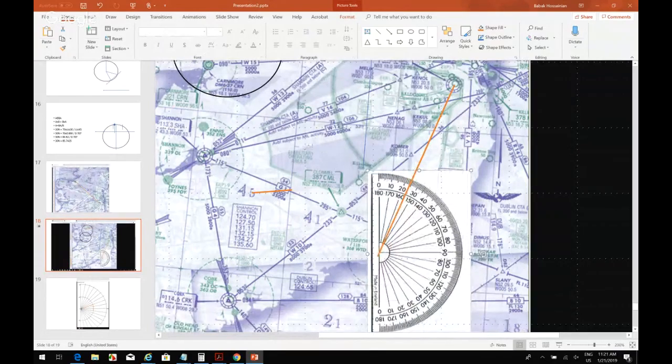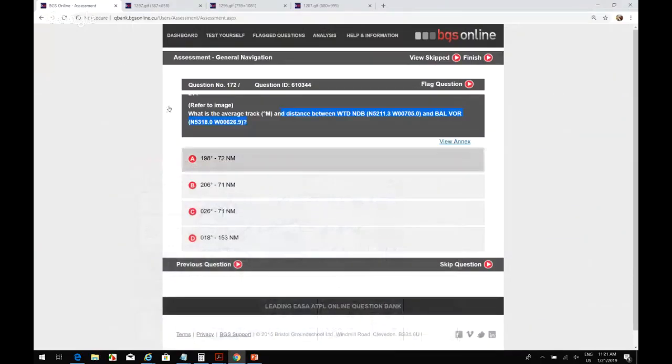It's magnetic north. So the average track is 025 and distance, that's about 70, isn't it? Let's just see. Yep, C.